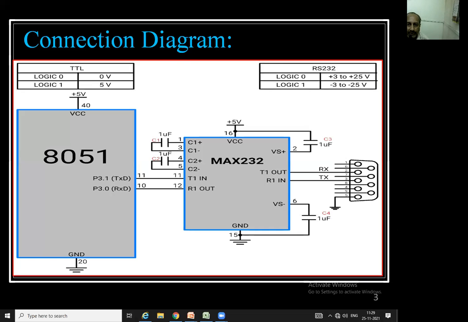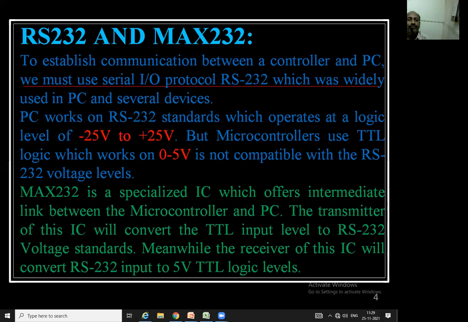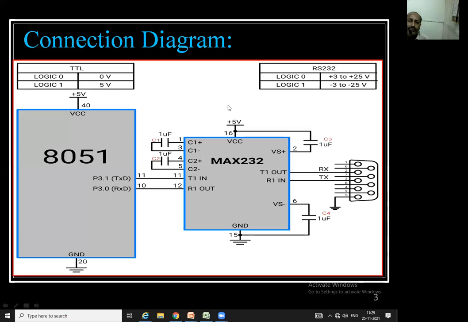Then, this is the connection diagram for the setup. You cannot directly connect for serial communication, because from computers we send the data serially. A computer has many ports at the back of the CPU, and one of the ports has 9 pins, this particular type of port.